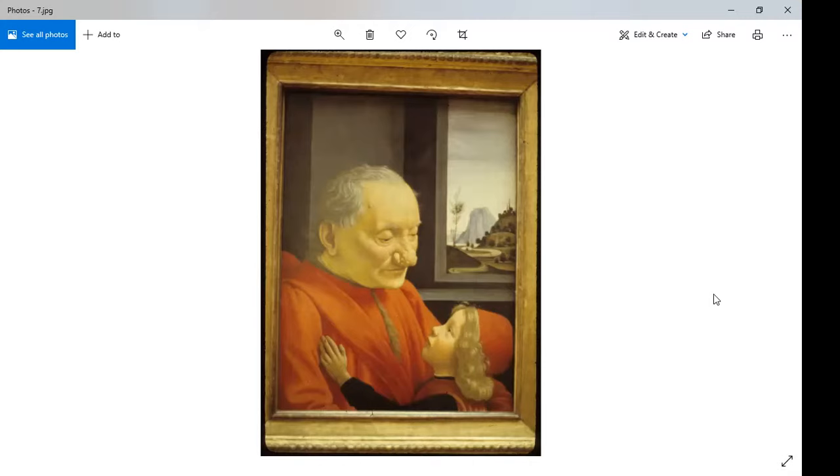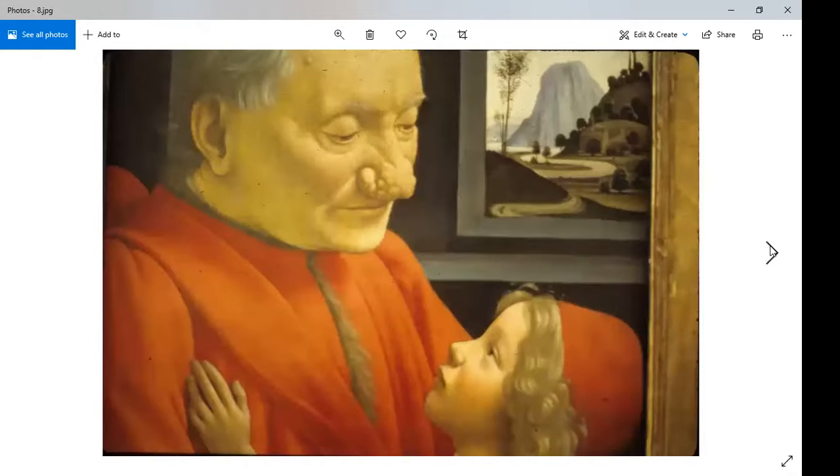Obviously, if he taught the two greatest painters of the entire Renaissance, he had to be pretty skilled. Why do we now look at this one of his hundreds of paintings? Because of the universal, powerful meaning behind this painting. So let's get up close to it and we'll see what's going on.